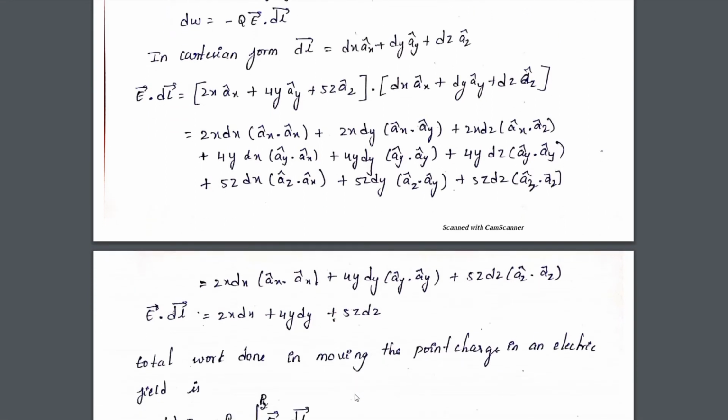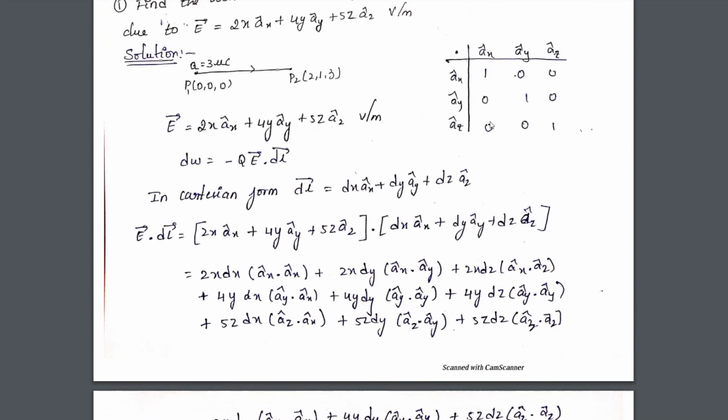So finally, E dot dl will become a scalar quantity, that is 2x dx plus 4y dy plus 5z dz. Understood? So to calculate the differential work done, first you need to write E dot dl. E is given in Cartesian, dl also should be written in Cartesian. Then you substitute both values, expand the bracket, and you get 9 terms.